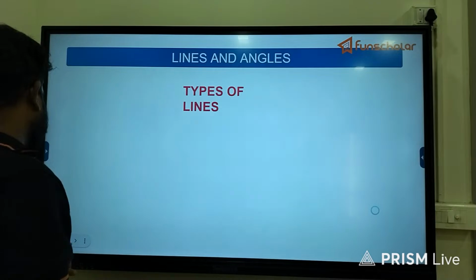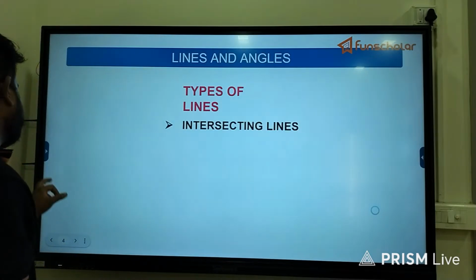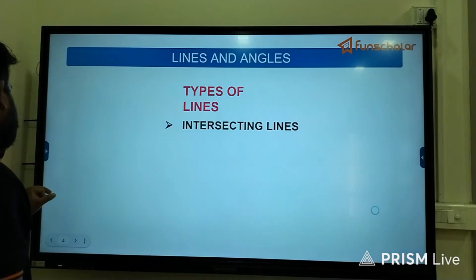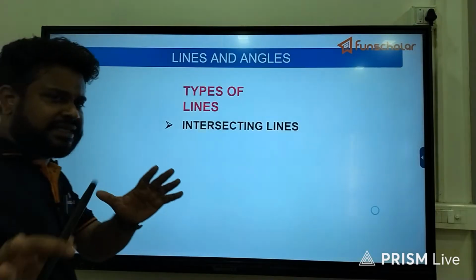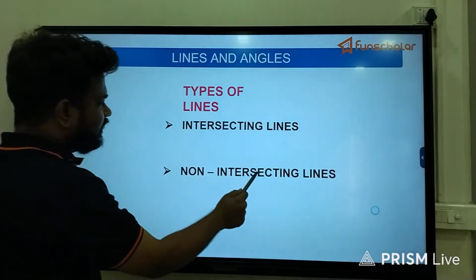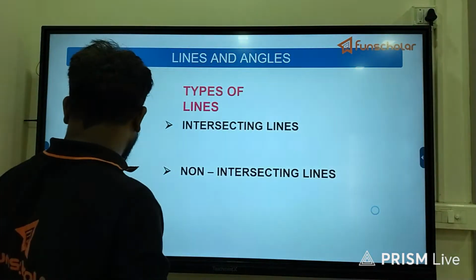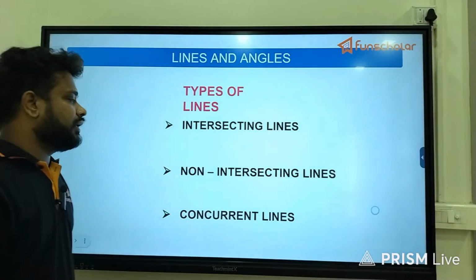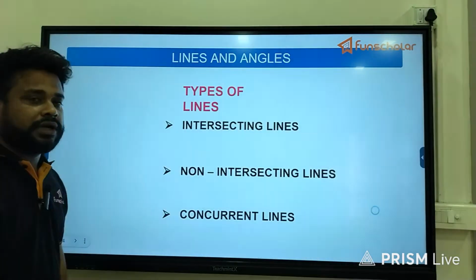Next, types of lines. Let's see all the types of lines. The first one is intersecting lines, the second one is non-intersecting lines, and the third type is concurrent lines.